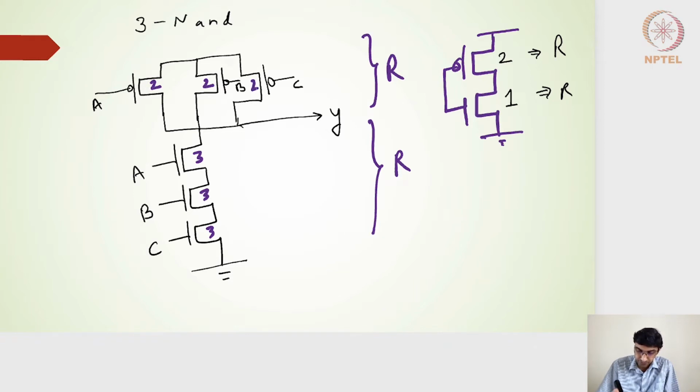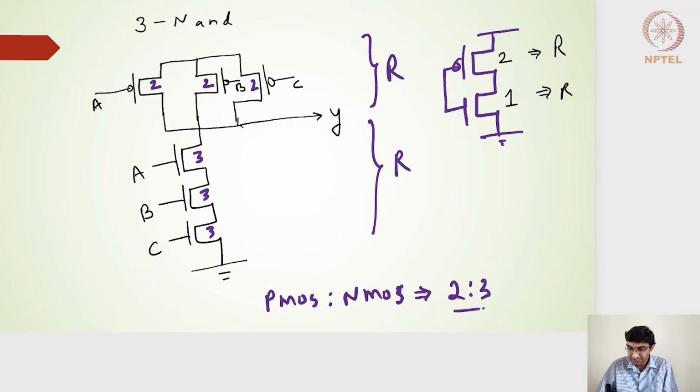So the PMOS to NMOS size ratio for a three input NAND gate is 2:3, and 2:1 for an inverter gate.